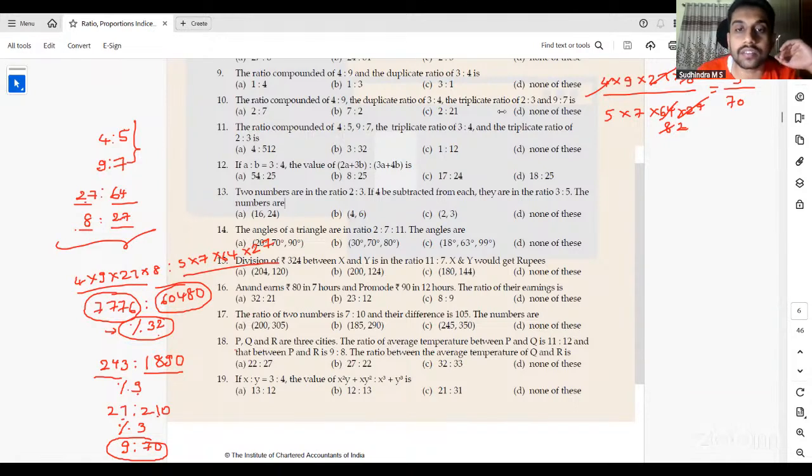Smriti and Dhanush, correct answers. Good. Yes, Pranav, correct. Nandita Bhatt, Sahana, correct answers.